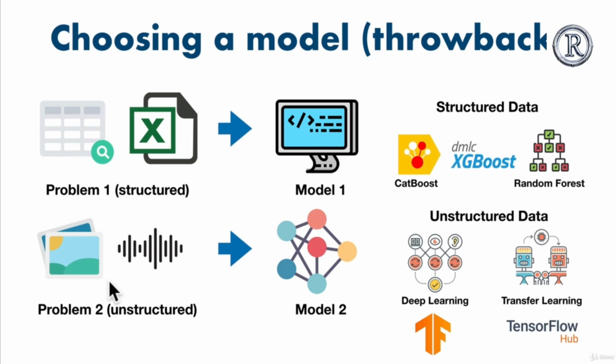If we're working with unstructured data like images, which is what we're going to be working with, we should probably use a deep learning or transfer learning model, like a neural network. For that, we can use TensorFlow or transfer learning with TensorFlow Hub, which is what we're going to work on in this project. And again, our machine learning model, even if it's transfer learning, still can't look at images unless they're in the form of numbers. In our case, since we're using TensorFlow, they have to be in tensors. So these are the principles I want you to start thinking about.